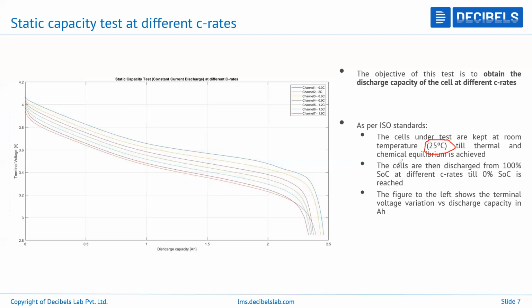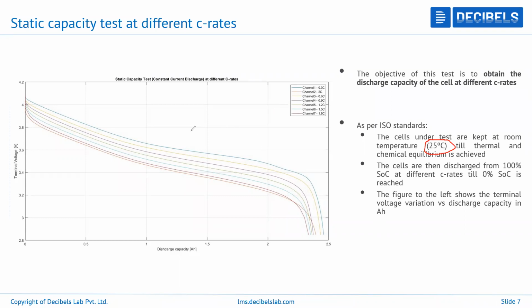So the chemical reactions inside are steady and not fluctuating in rate or magnitude. So that's the first step, that it is first allowed to be stabilized at 25 degrees Celsius, and then it is discharged at different C rates or at different current rates.